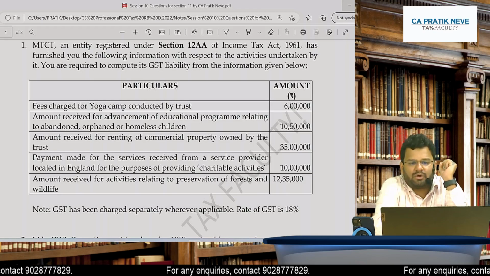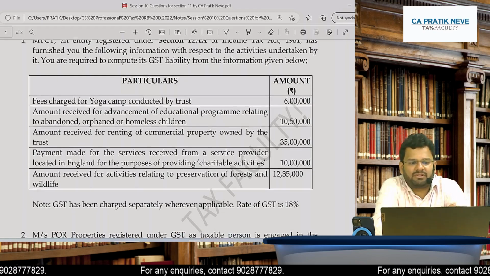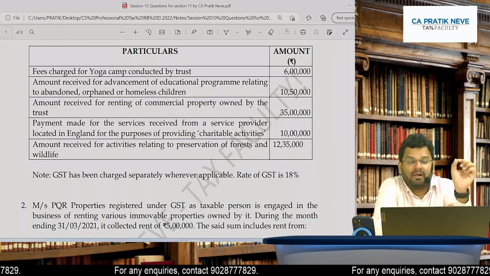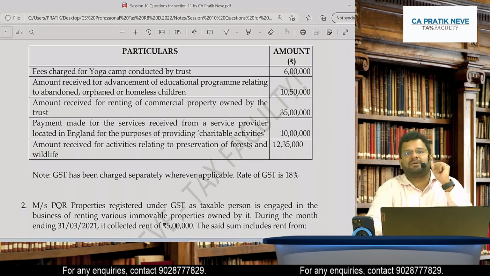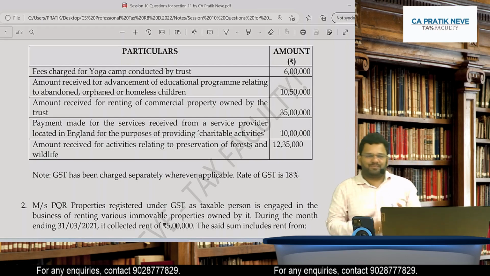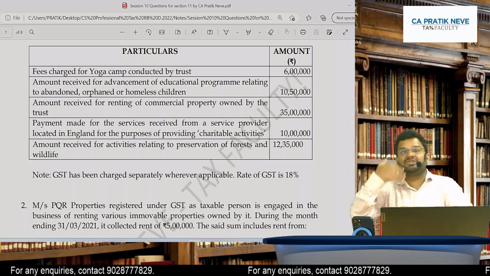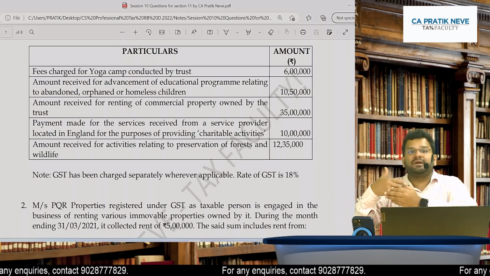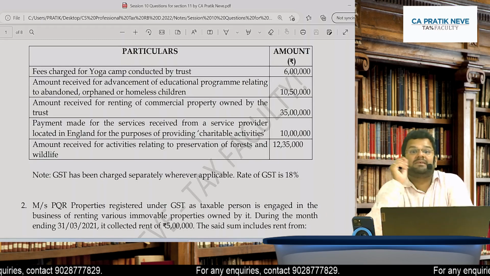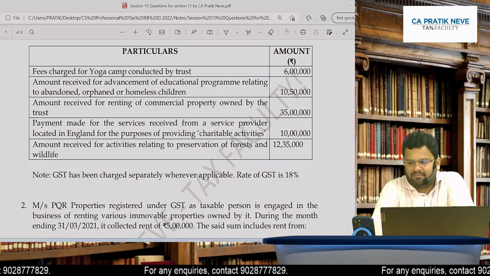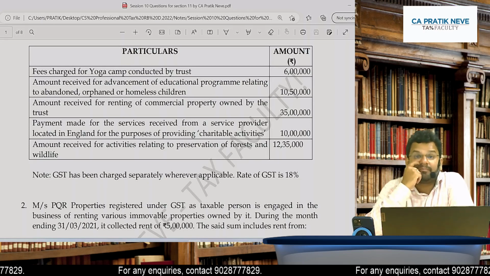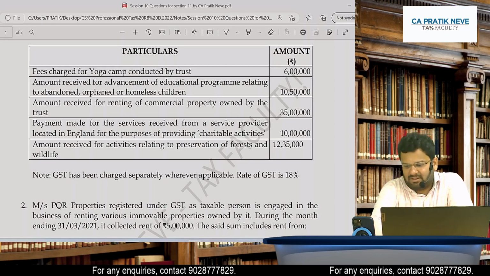You are required to compute GST liability from the information given below. Fees charged for yoga camp conducted by the trust. So, enhancement of religion, spirituality, yoga. This is one of the charitable activities. So, will you exempt it? Of course, yes, it will be exempted.